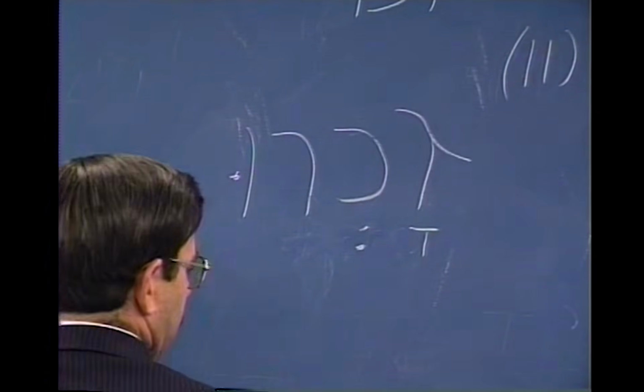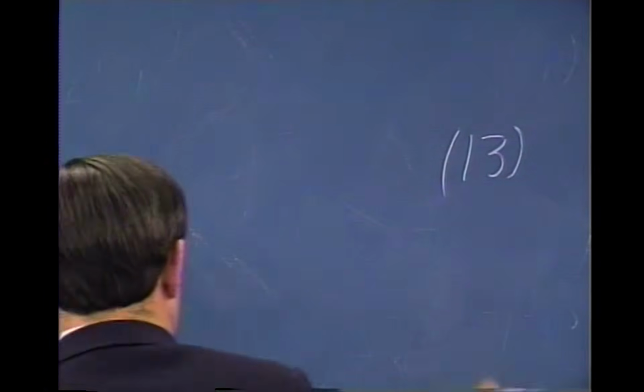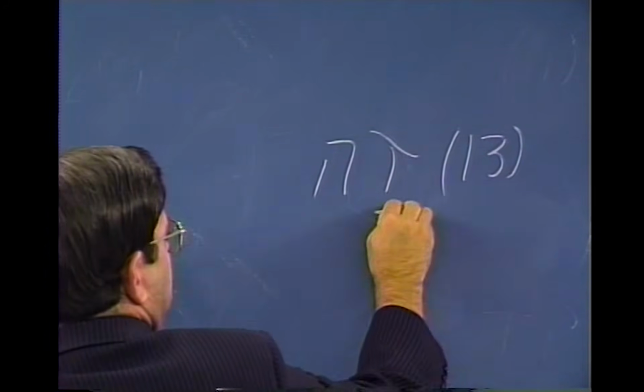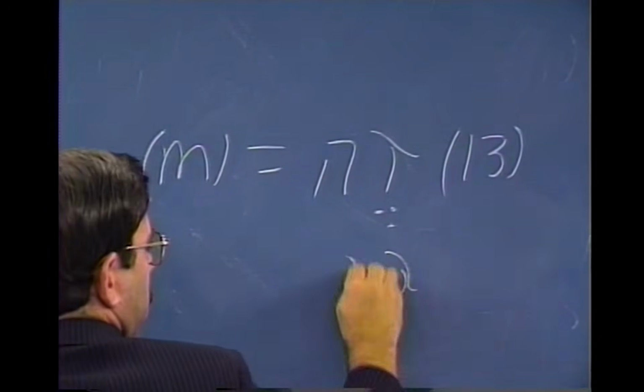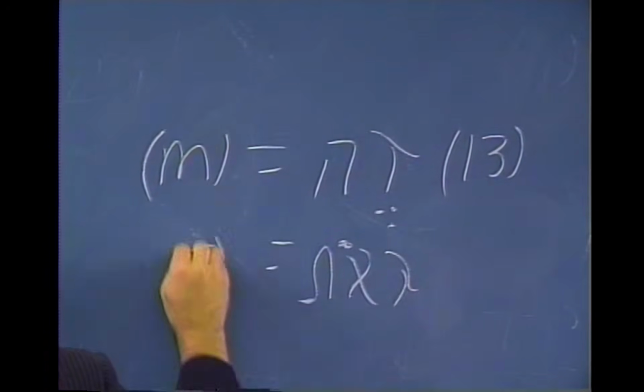All right, another thing that is emphasized in the book, that I will emphasize here on the board, has to do with the demonstrative pronoun. That's number 13 in your book. Ze is masculine. Zot is feminine.